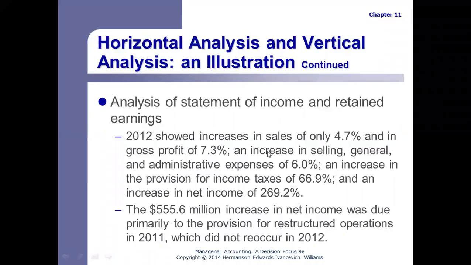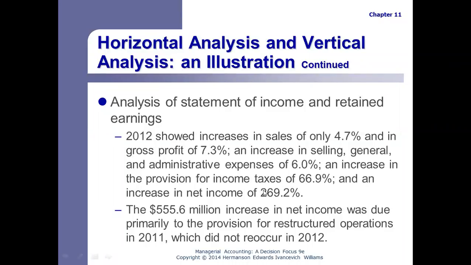Even though sales only went up a little bit, 4.7%, gross profit, which is your sales minus the cost of goods sold, so whatever it costs to buy the inventory that you sold, went up a little bit higher. So it looks like it cost less to buy the inventory that they sold. That's why the profit went up by a little bit.